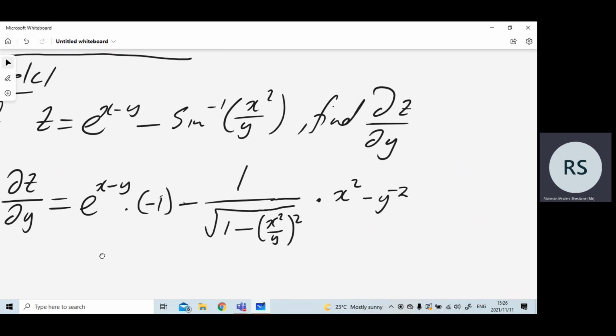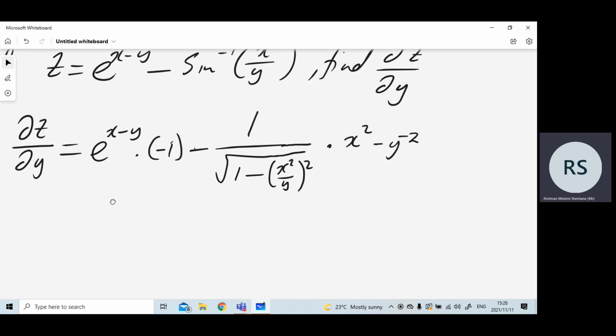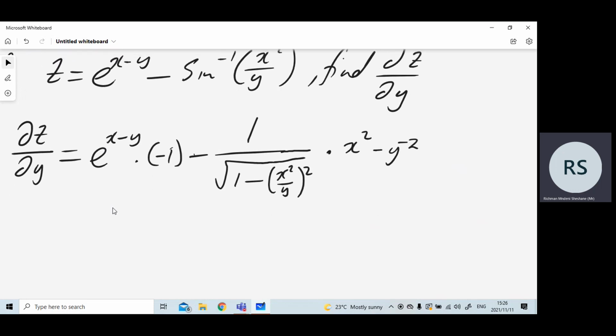Okay, so let's simplify the derivative that we found, which is the partial derivative of z with respect to y. The first term is minus e to the x minus y. You see this negative here, and here there's a multiplication. So this negative times this negative would give you positive.